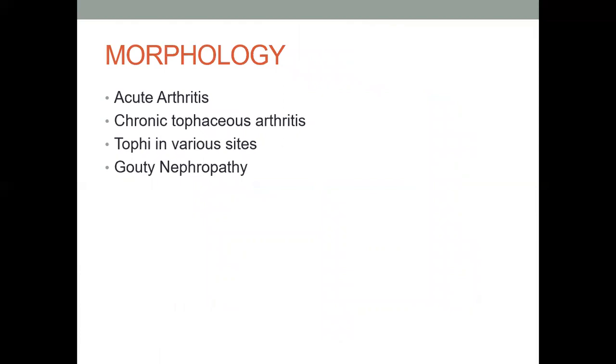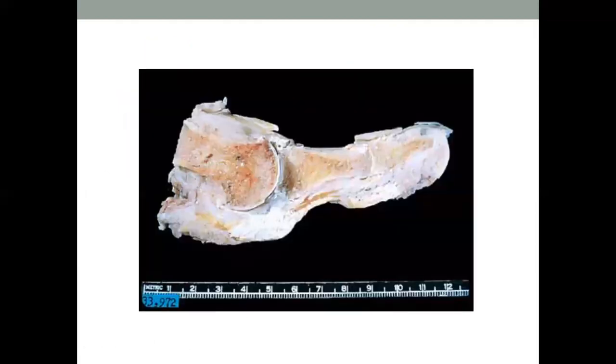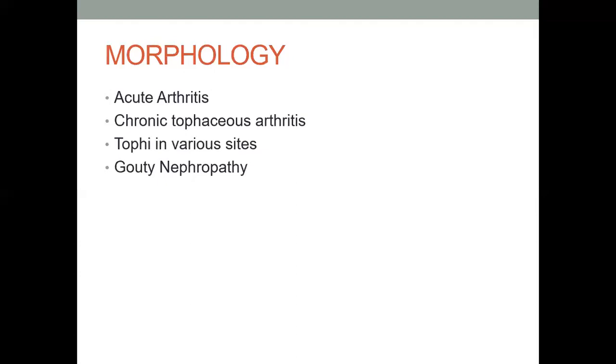So, morphology of gout. There are four morphologic features which will be discussed. One is acute arthritis, and there is chronic tophaceous arthritis. Then there may be tophi formation in various sites, and then gouty nephropathy. So acute arthritis is characterized by a dense neutrophilic infiltrate that infiltrates the synovium and synovial fluid.